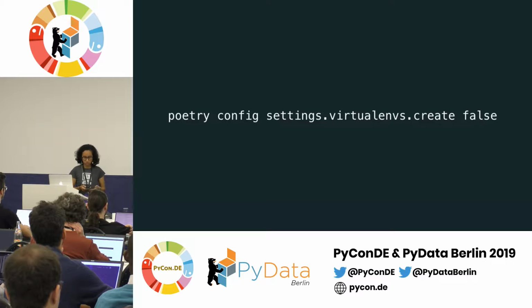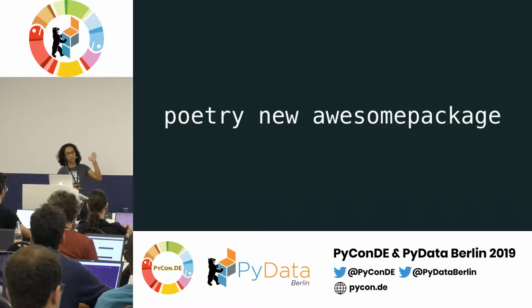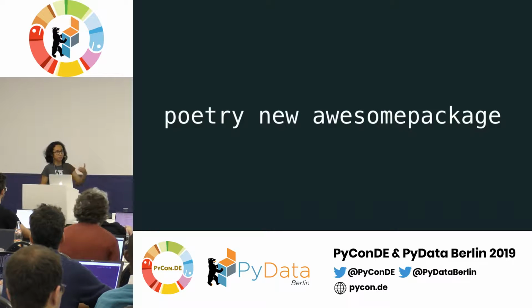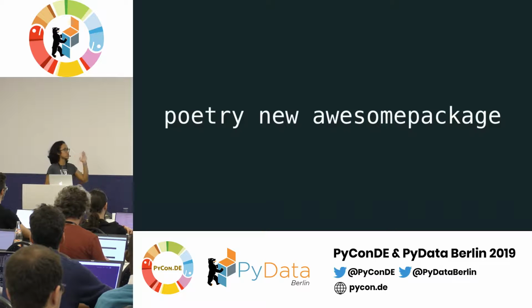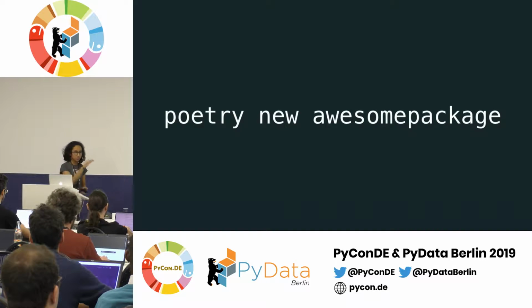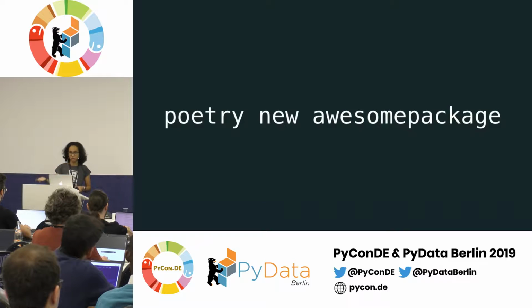Or you can create a brand new Python package with Poetry using poetry new and then the name of that package. Also, if you are making a new project from scratch and you want to publish to the private repository that we have at the moment, try to think up a very creative name, because otherwise there will be conflicts.